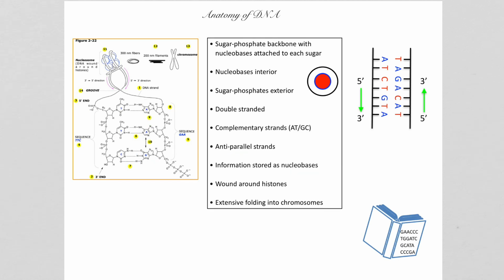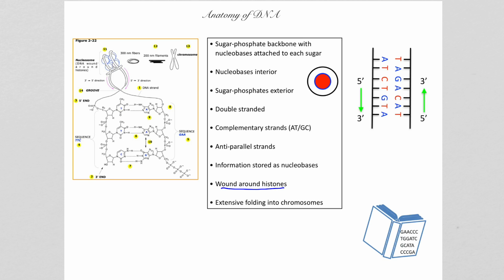DNA is a very long molecule, the DNA in the 46 chromosomes is very, very long, and so all of these chromosomes have to be stored in a very small space that we call the nucleus. So there is a lot of folding of the DNA double strand.